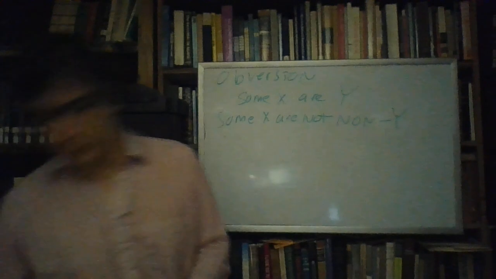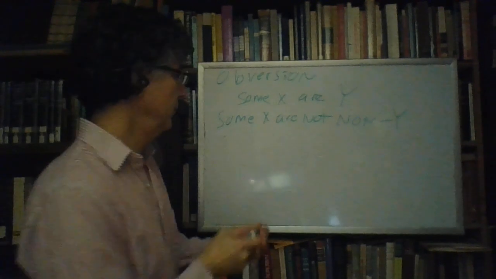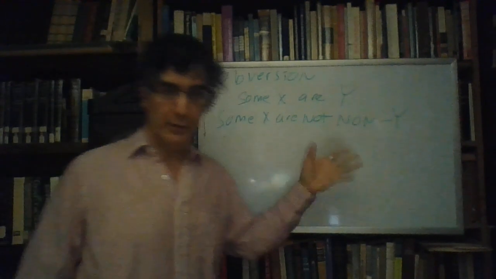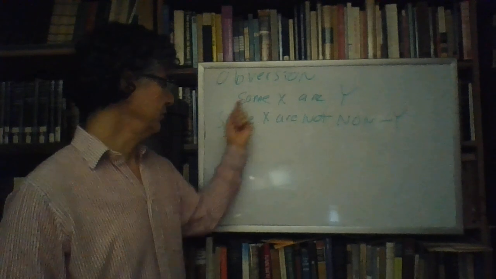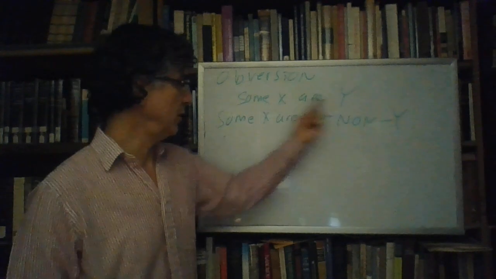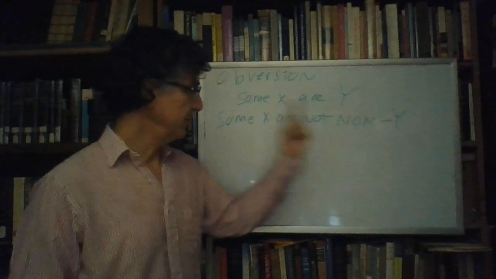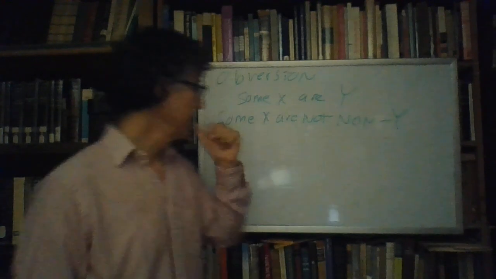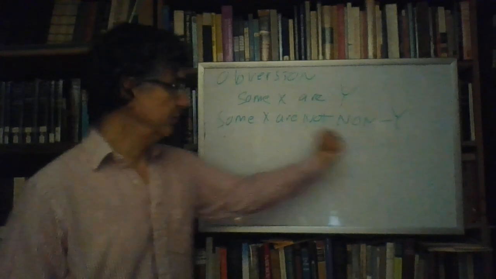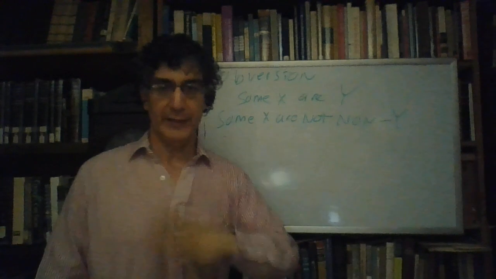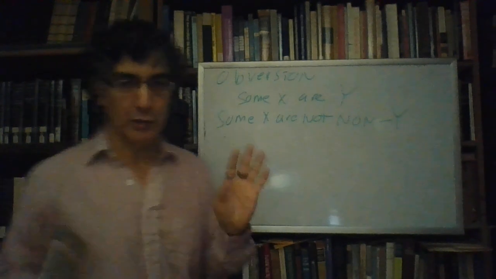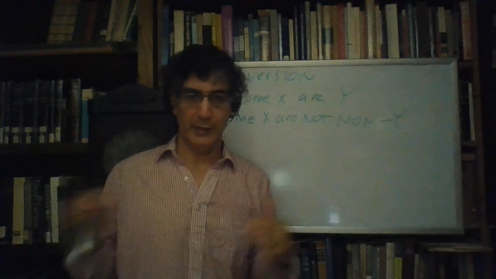In other words, the I had to become an O. It has to change quality. So this is an affirmative quality, "some x are y," so it has to become "some x are not," and then you simply add the non-y. So from "some x are y," we get "some x are not non-y." That is the obverse. Now you can obvert all four propositions, no problem, A, E, I, and O.